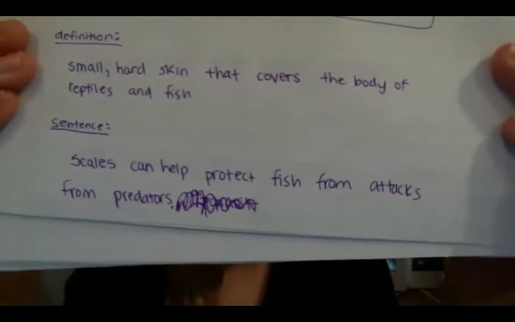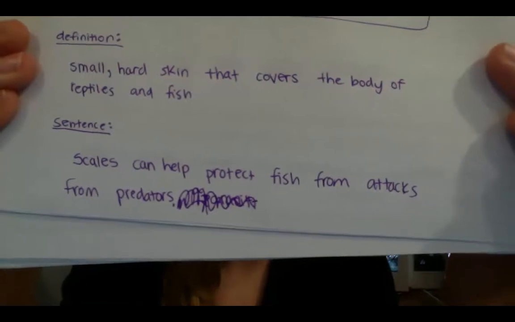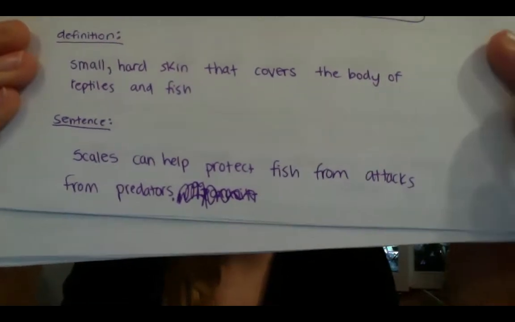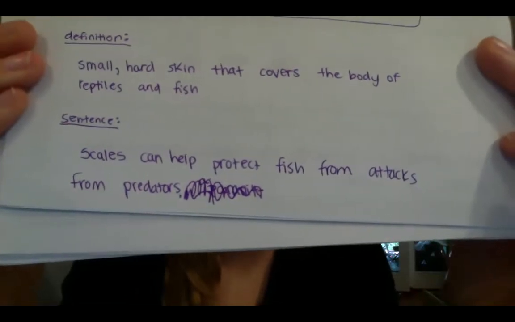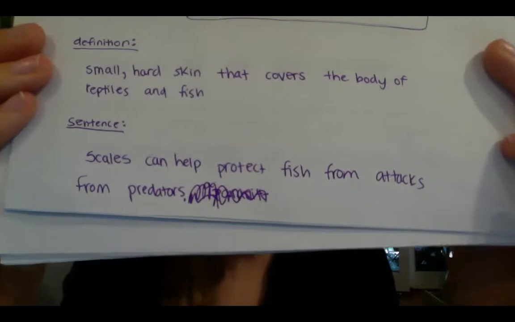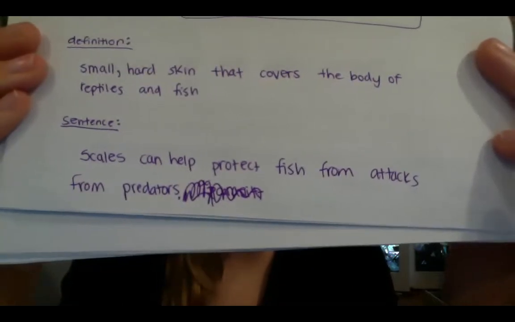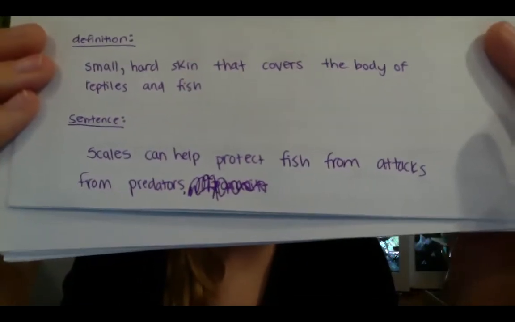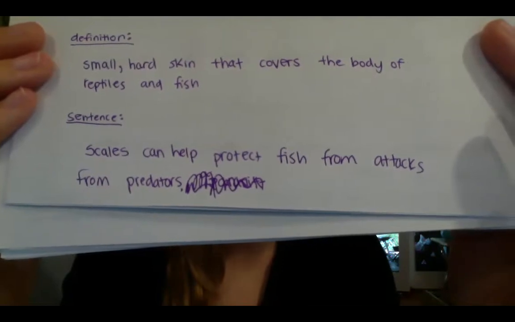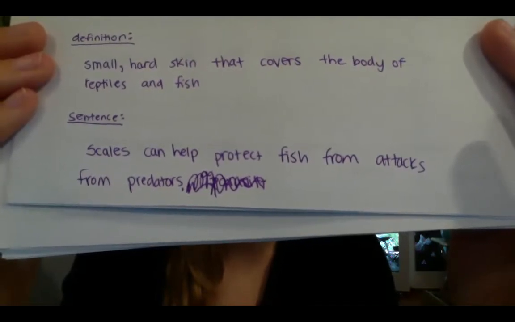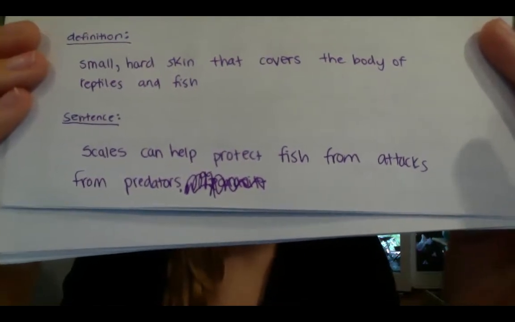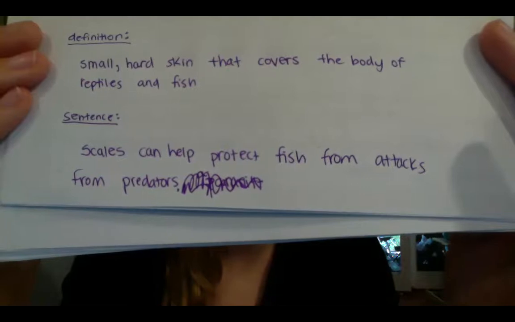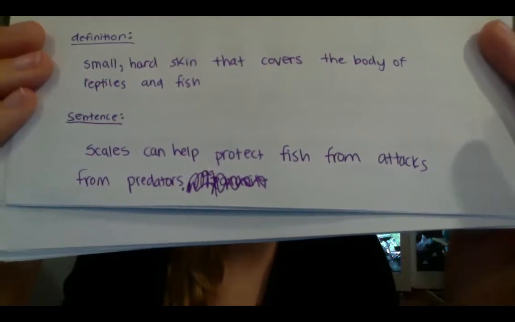I was going to make my sentence longer and include that scales can help protect from parasites and other injuries, but I figure there's not much space, so I kept it short. I changed my mind and put the period after predators. So scales can help protect fish from attacks from predators.